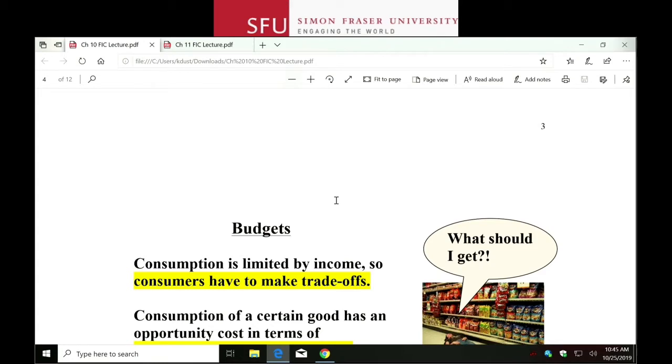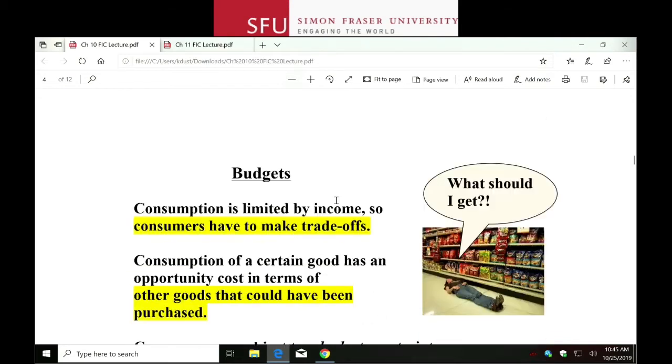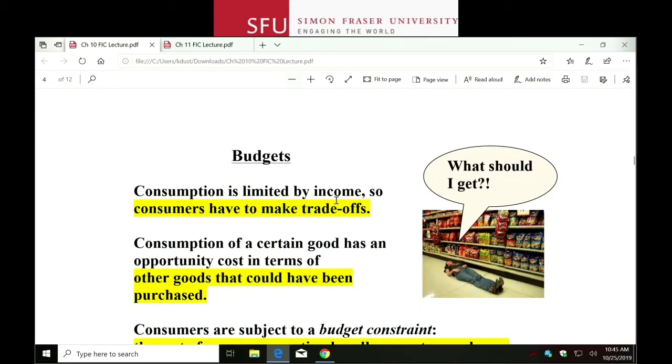Or I'm giving up the opportunity to put that money aside into retirement savings. You've always got these things that you're giving up, and so you have to think about that. So we have opportunity costs in terms of other goods that you're giving up.